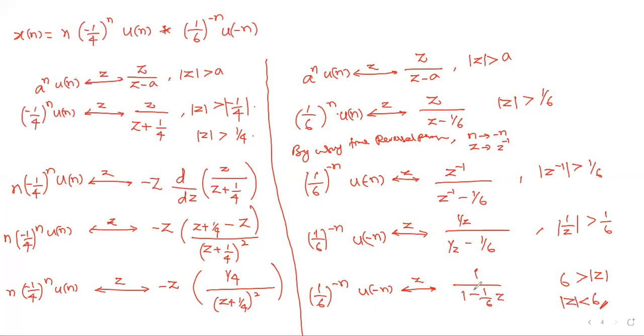Now you see, this is one z transform, this is one z transform. Now convolution in time domain results in product in frequency domain. So what is the question given? x of n is equal to n into minus 1 by 4 whole power n u of n convolution 1 by 6 whole power minus n into u of minus n.